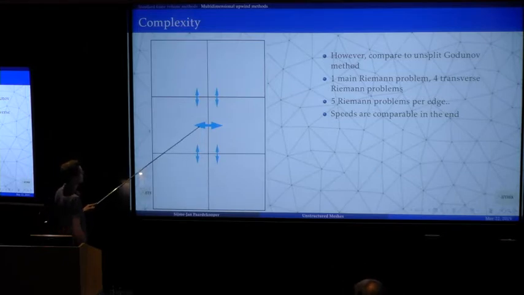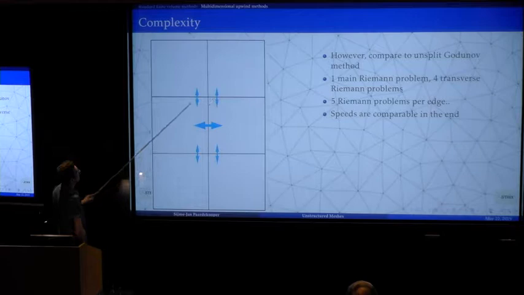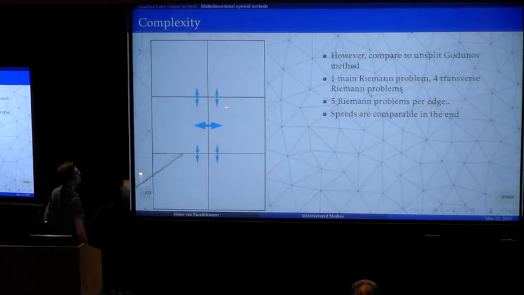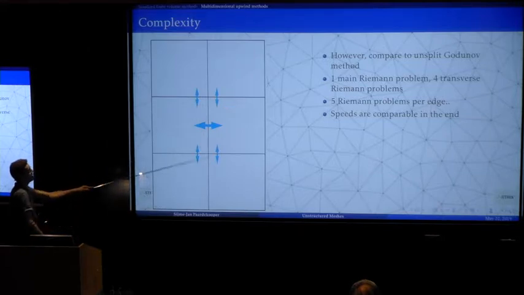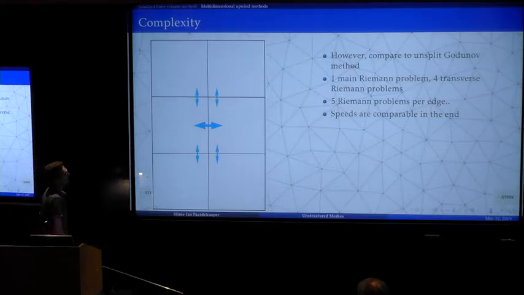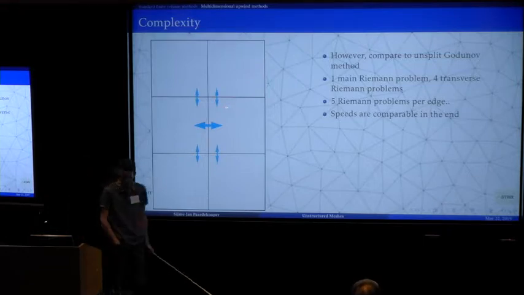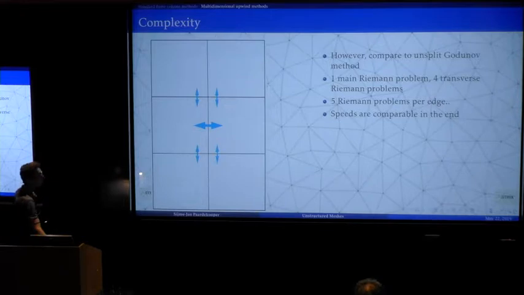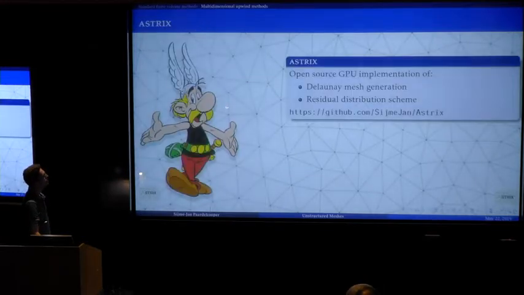This Riemann problem, we have to solve 4 transverse Riemann problems as well, because the flow might be in this direction, for example. So this solution will interact with this cell. So there's 4 more Riemann problems to solve. So you solve 5 Riemann problems for every edge in the mesh. So in the end, the speeds are not too different. They're within a factor of 2. They're definitely more complex to code, but in terms of speed, they're not too bad.